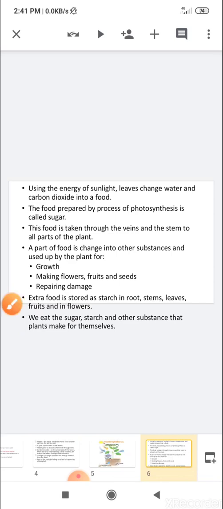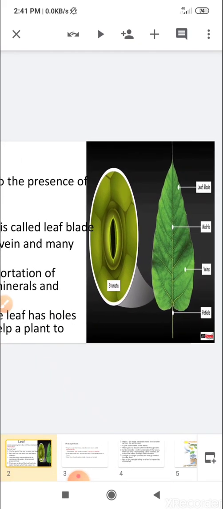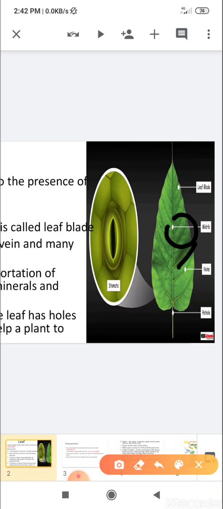This food is taken through the veins and the stems to all parts of the plants. Now you know the food is prepared in the leaves. Then this sugar is transferred to the other parts of the plant. First it goes into the stem through these veins.